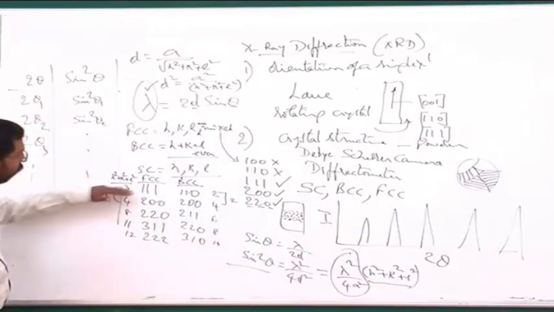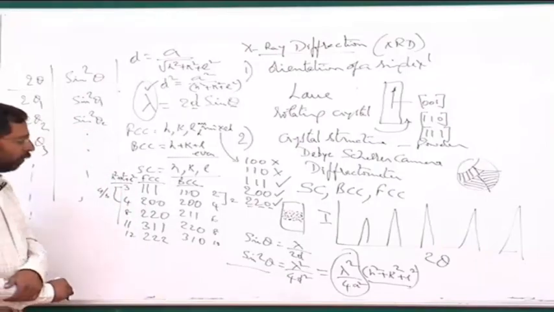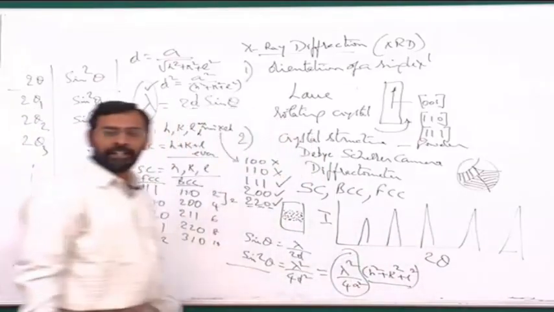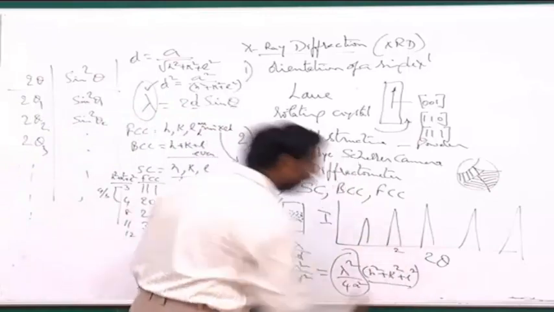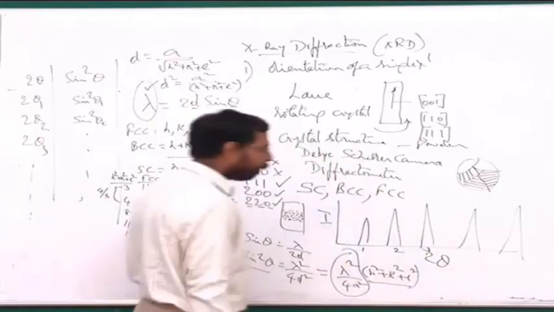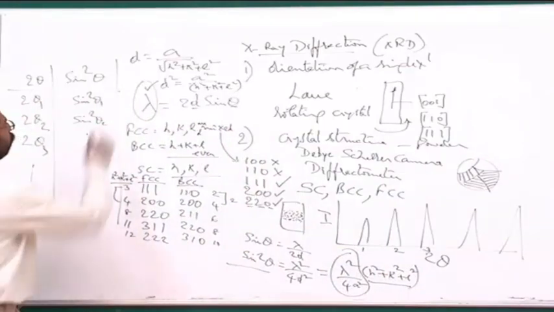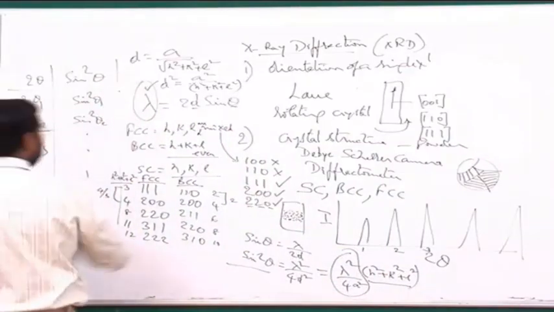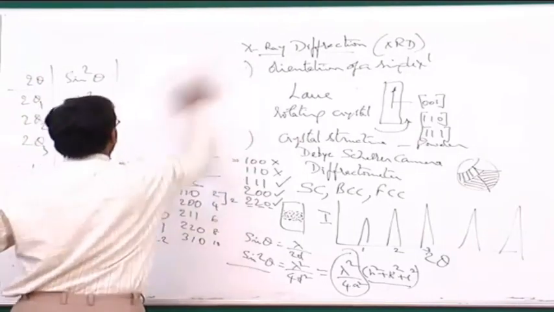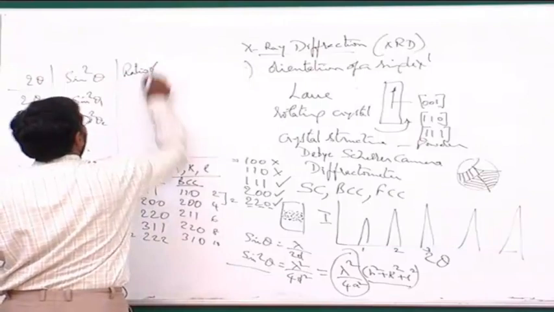So the ratios of H square plus K square plus L square are proportional to the ratios of sine square theta. So what I simply do is, for each of these peaks, calculate the sine square theta and take the ratio of the sine square theta for the second peak to that for the first peak, the third peak to the first peak, and so on, and find out what these ratios are. So now you put here the third column, call it ratio of sine square theta.